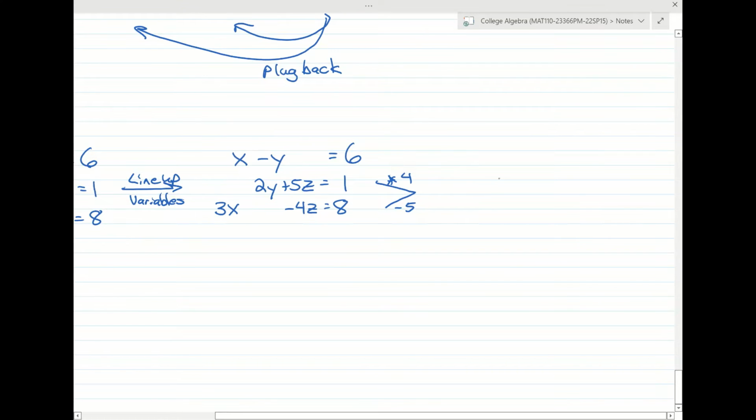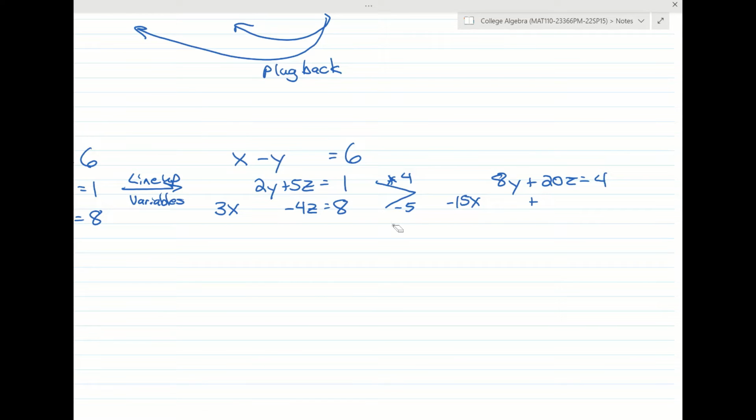What you'd wind up with is 8y plus 20z is equal to 4. The bottom equation times -5 would be -15x plus 20, or what did I do here? I want to eliminate the z. So let's multiply the top by 4 and the bottom by 5, not -5. So 15x minus 20z is equal to 40.